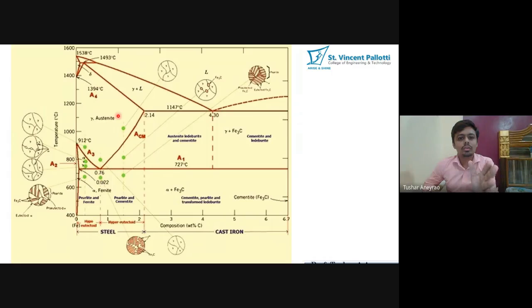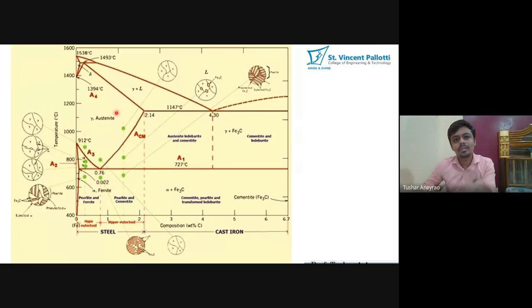Because the composition always remains constant, the amount of carbon and amount of Fe in a mixture will be constant, but the composition is going to change with respect to phases, depending on the various phases present in the particular mixture.